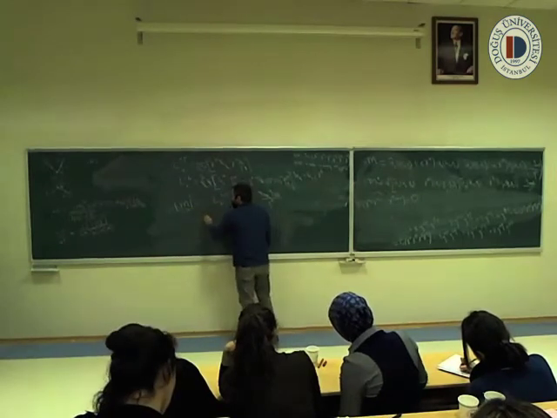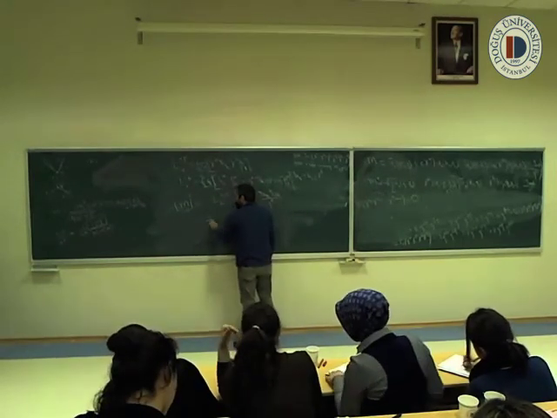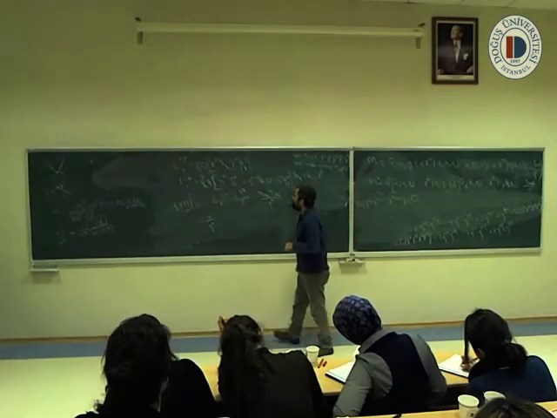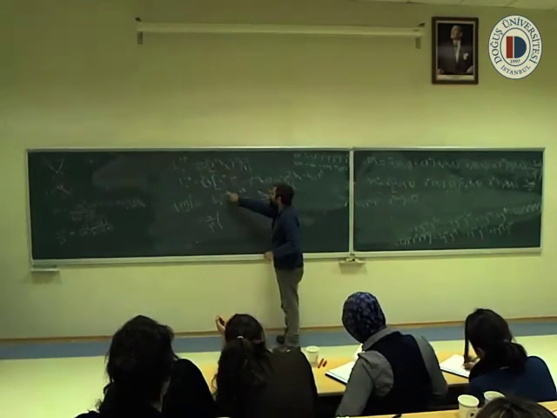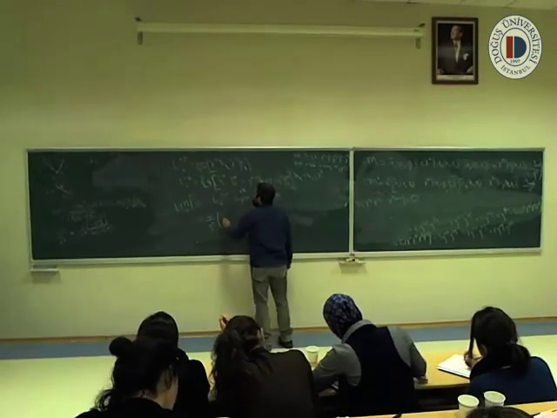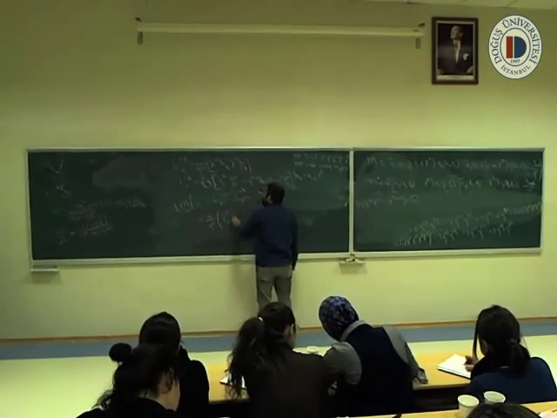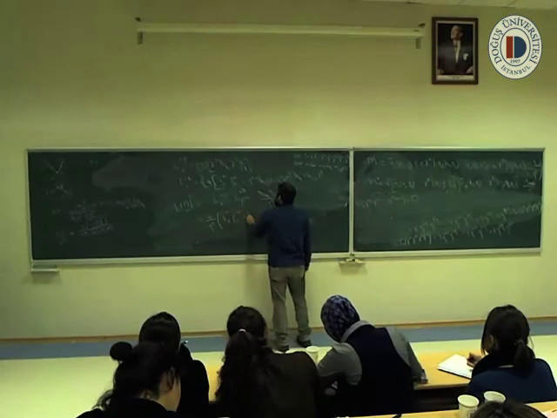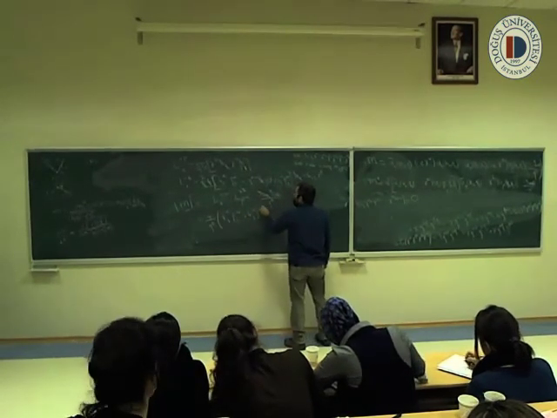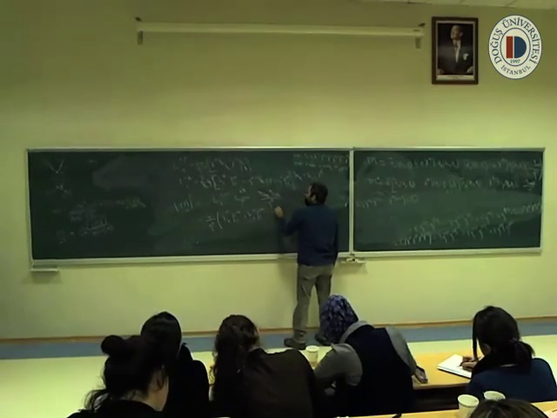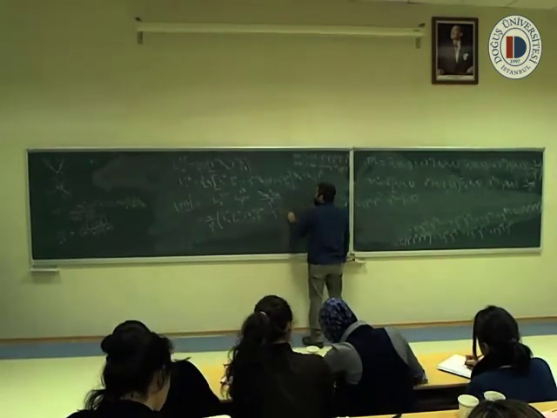So this matrix element squared is 4 divided by Q to the 4 times, well, for the electron, I have K1 and P1: K1 alpha P1 omega, plus K1 omega P1 alpha, minus g alpha omega K1 P1.